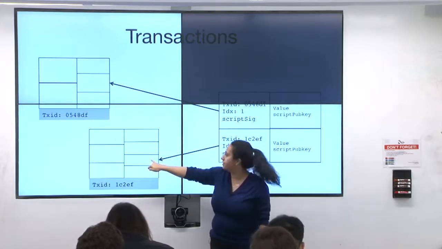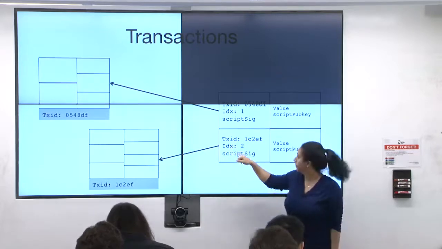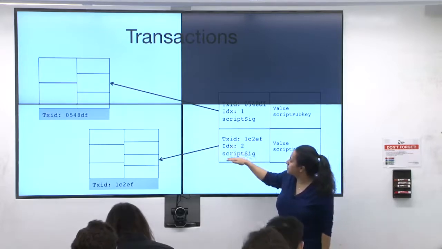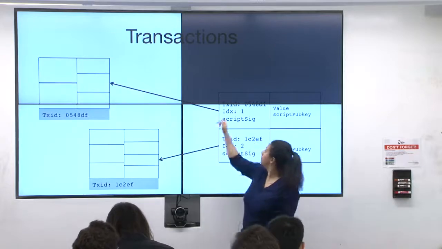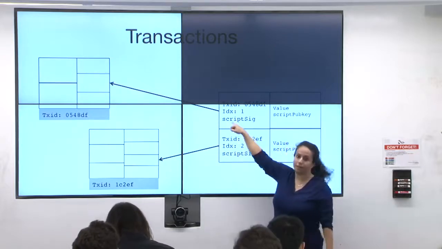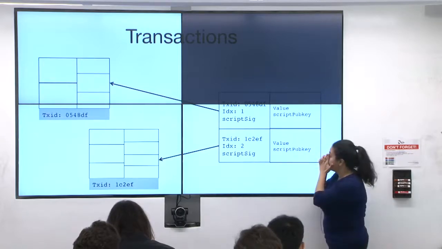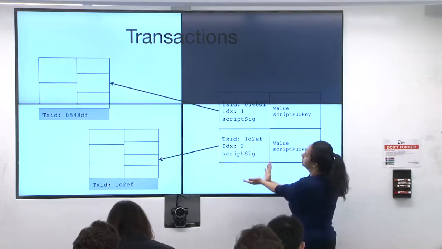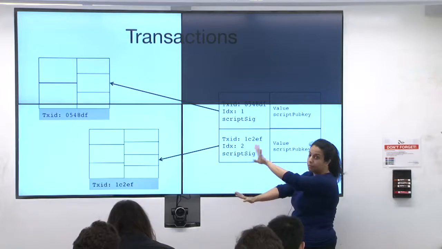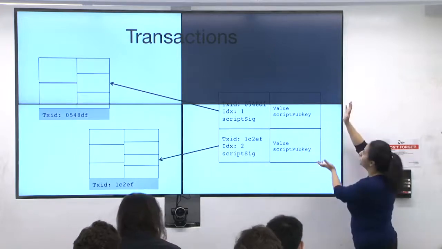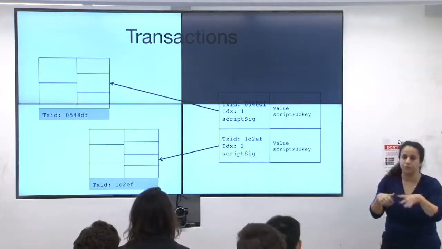In this case, it's the third one, so it has index 2. And it provides a satisfying script sig for this output, which probably is totally different than the satisfying script sig for that output. So this is what this transaction has to specify in order to spend those outputs. And it can produce whatever new outputs it wants to produce under certain rules.